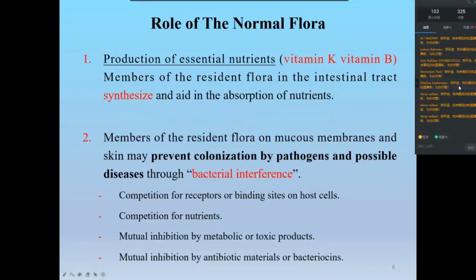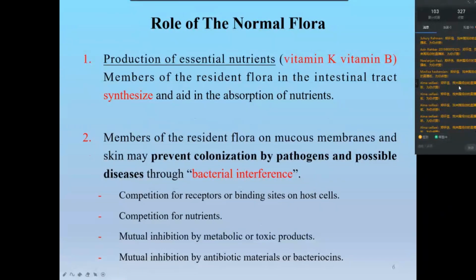And these antibiotics or bacteriocins can kill other pathogens or inhibit the growth of other pathogens. So this is the second role of normal flora.